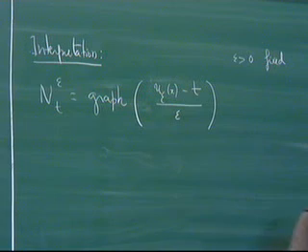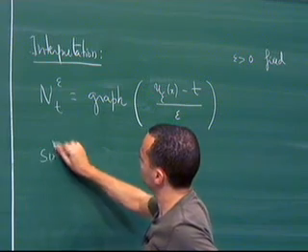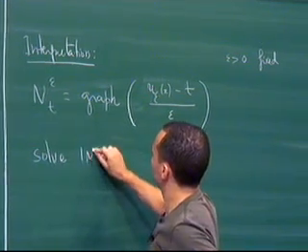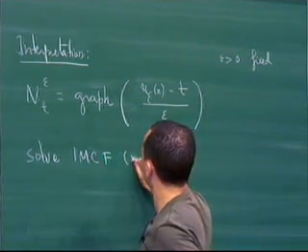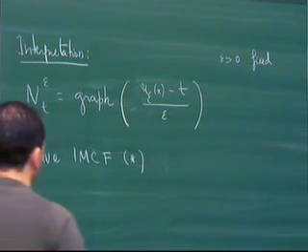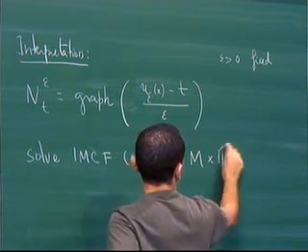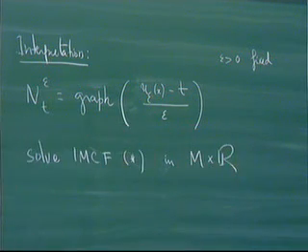I look at the graph and then I just translate. So the observation is that these guys form a family. So they solve the inverse mean curvature flow. In other words, the original equation star in M cross R with a product metric. Right. And that's not difficult to check.